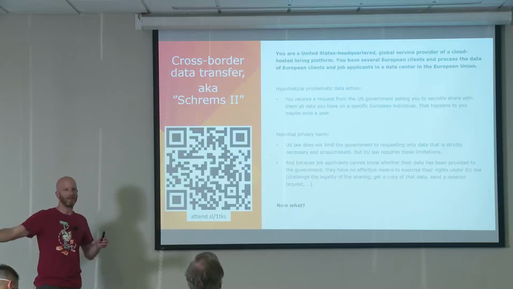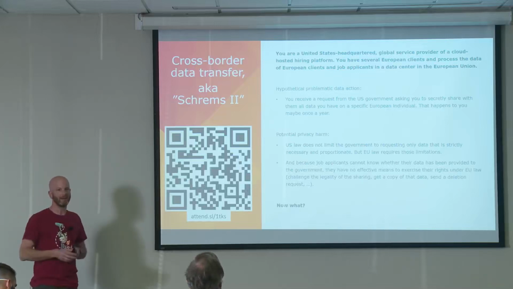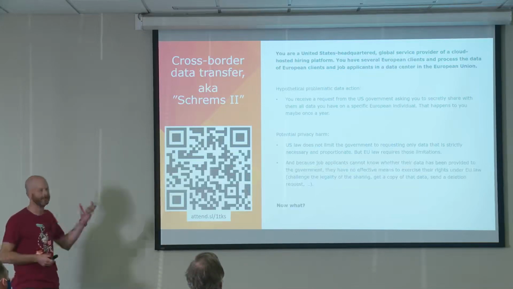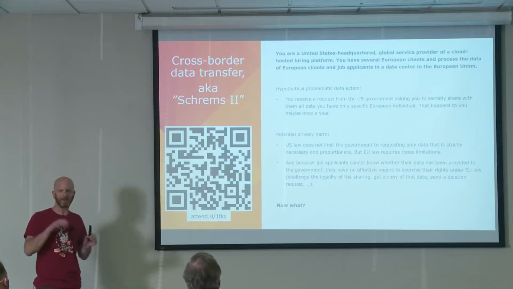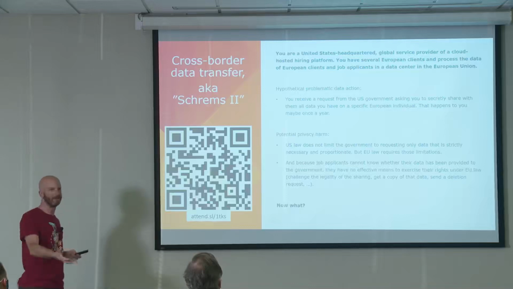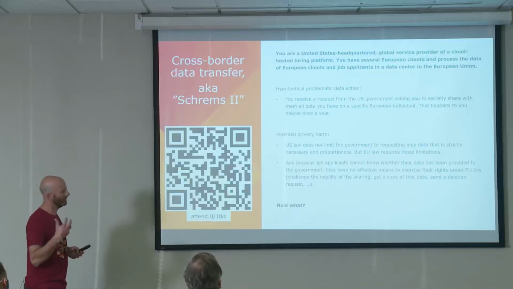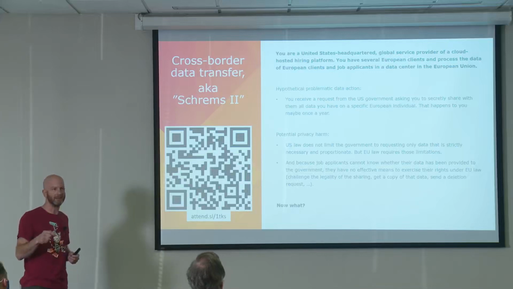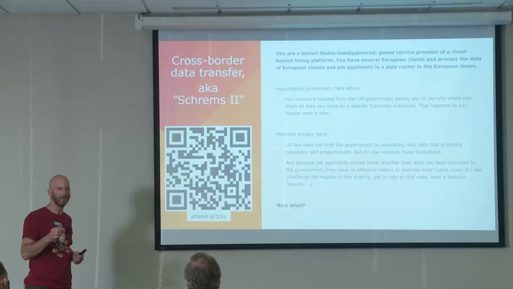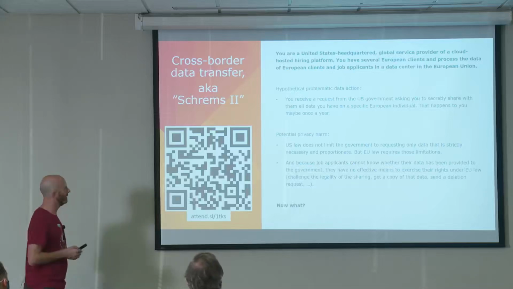So if you want to apply for a job at one of your clients' companies, you use the SaaS platform to put in your job application and then hit the send button, and the employer gets a job application. And while you are headquartered here in the US, you have European clients, and you make sure to store data from the European clients and job applicants only on European servers. Make sense so far?